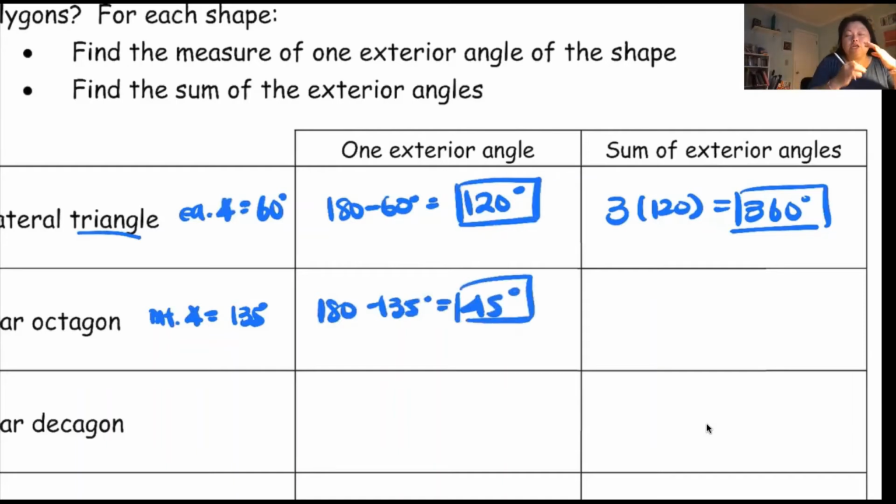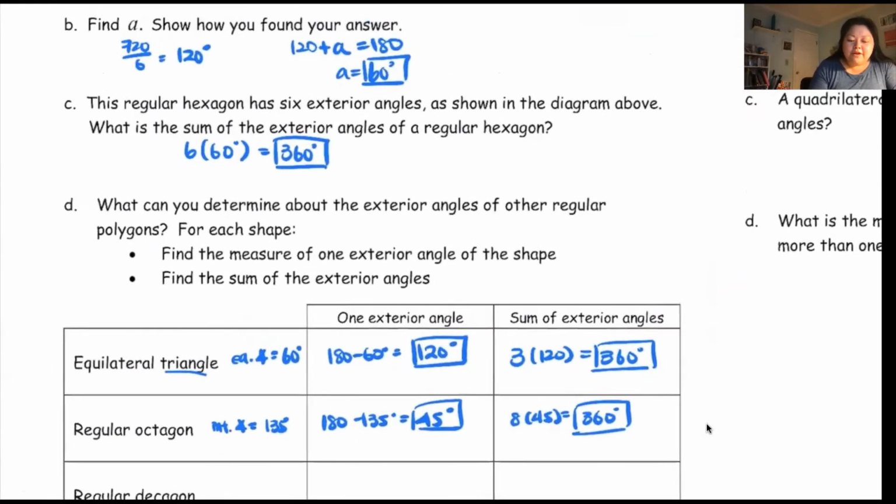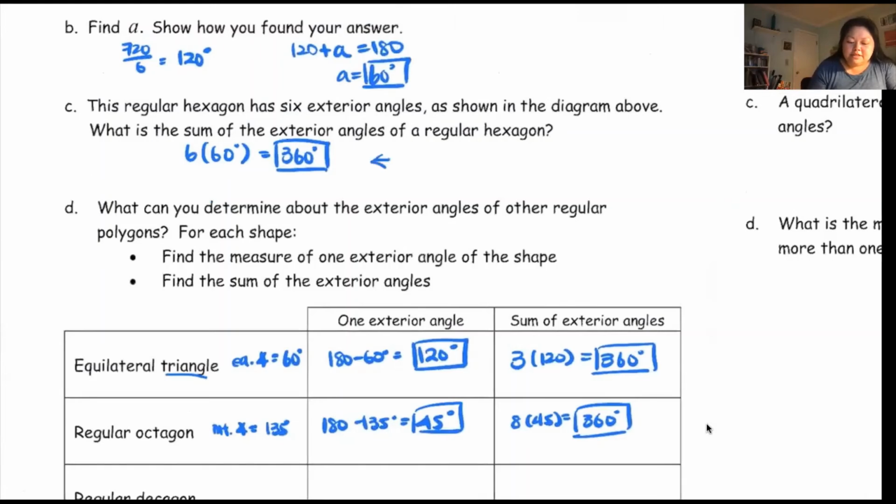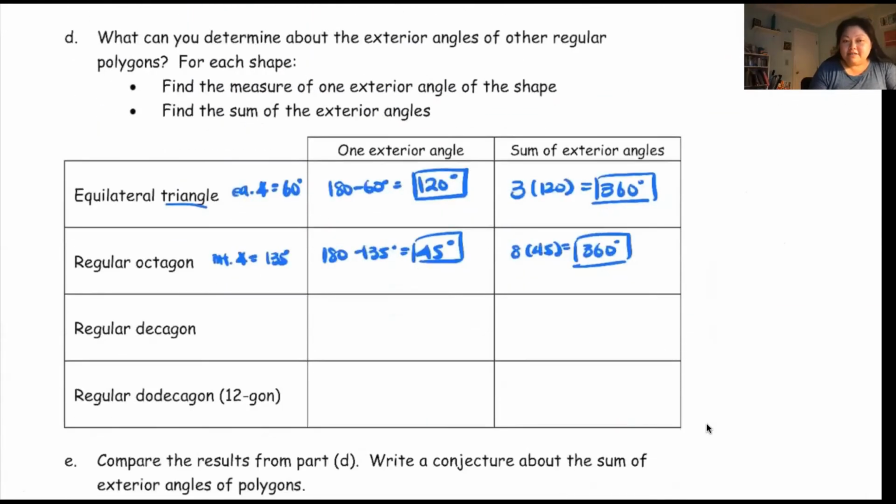Okay, so each exterior angle is 45 degrees. It's an octagon, so there are 8 of them. So 8 times 45 is 360. Is there a pattern here? So let's see. It was 360 for a hexagon up here. It's 360 for a triangle. It's 360 for an octagon.